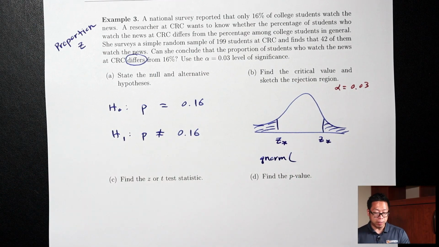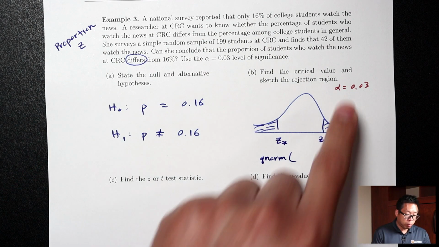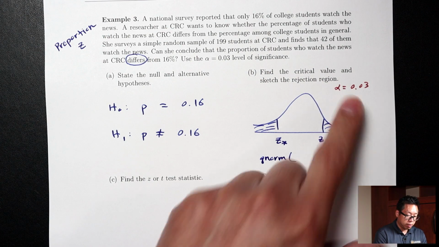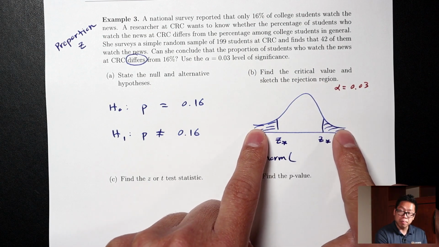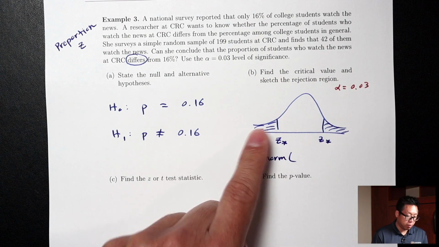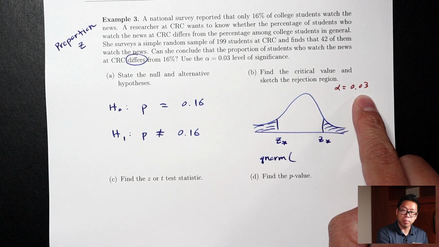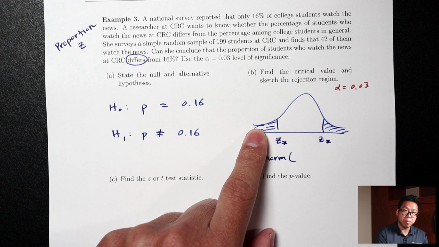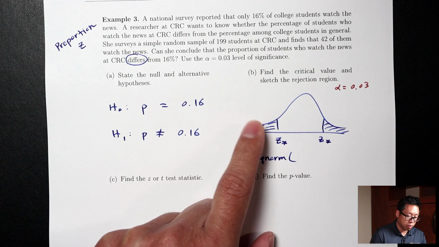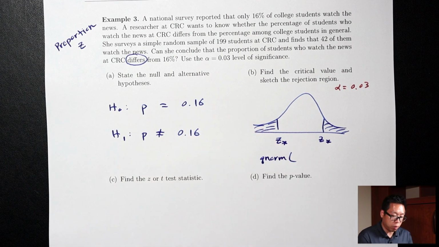Now, what is the left area? It's not quite 0.03. So 0.03 is the left and the right together. I just want the left to plug into Q norm. So if the left and right together is 0.03, if I just want the left, divide it by 2. So we're going to divide it by 2 and then plug into Q norm.